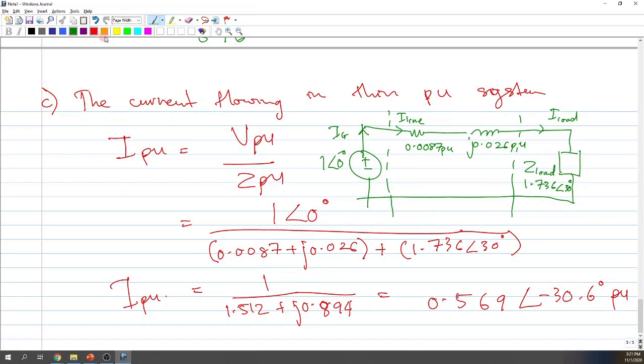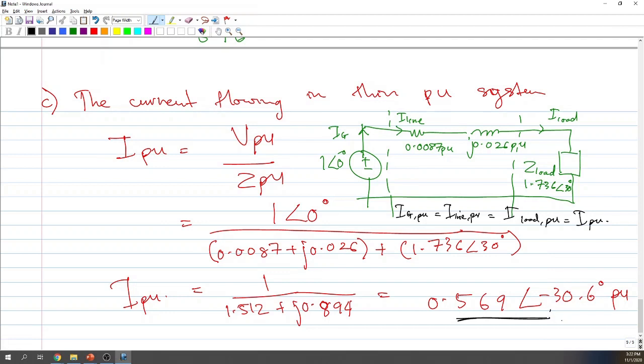Okay, kita boleh katakan I G PU equal to I line PU equal to I load PU equal to I PU. So I PU yang kita dah dapat ni.